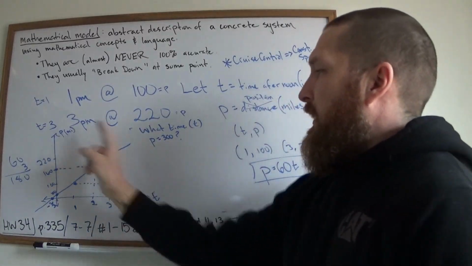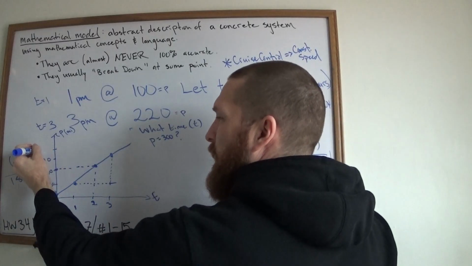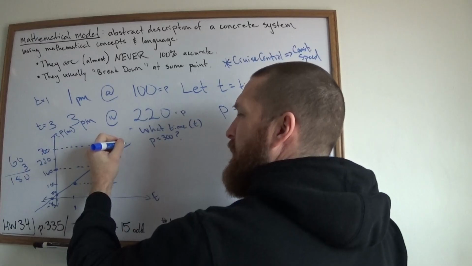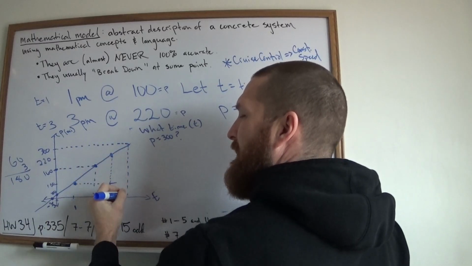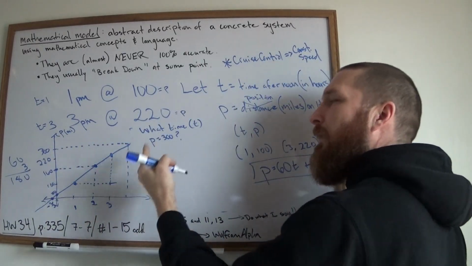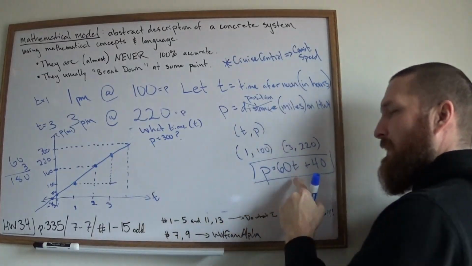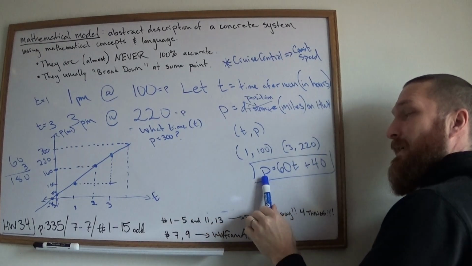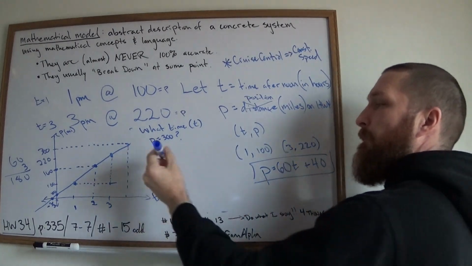So in other words, when the output is 300, what would the t be? In other words, plug in a 300 for position and solve for the time.